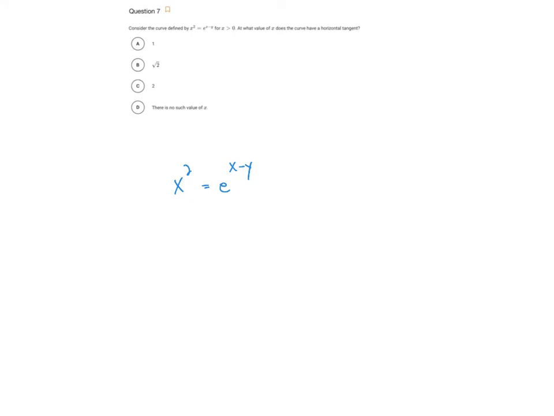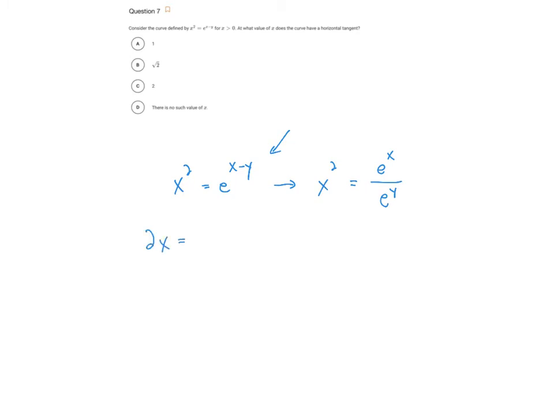And just so you know, you have a choice, and I'm not sure which way is better, actually. But you could rewrite this as e to the x over e to the y. I'd say we just take the derivative of this as it is. So that's what I'm going to do.